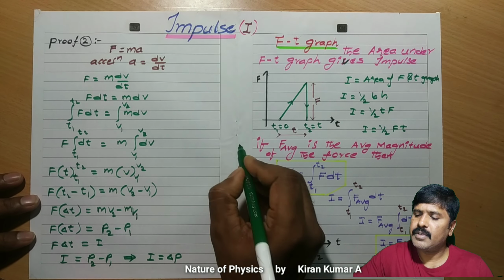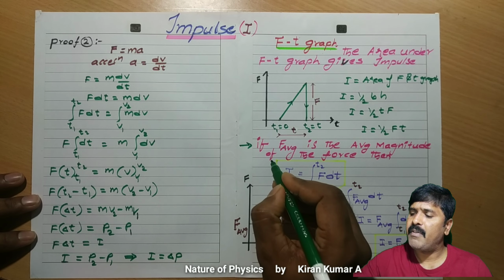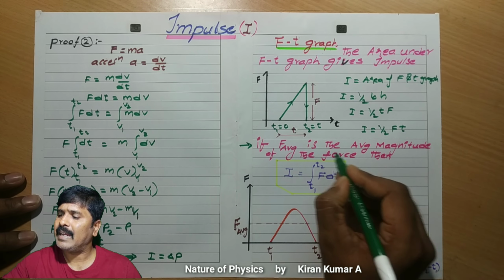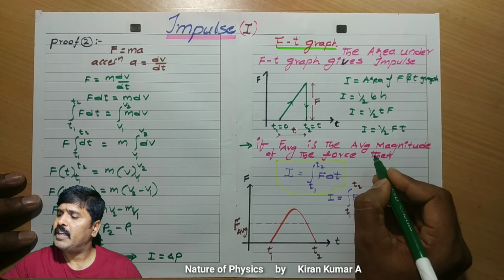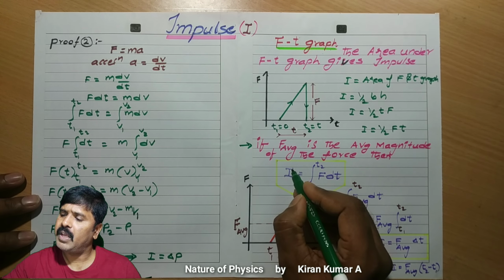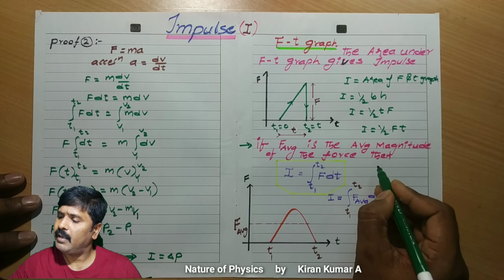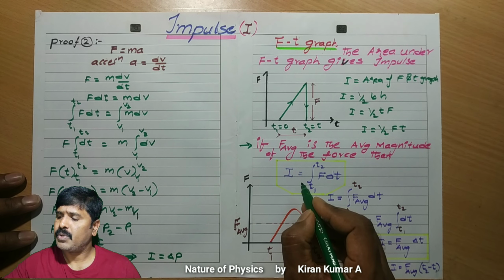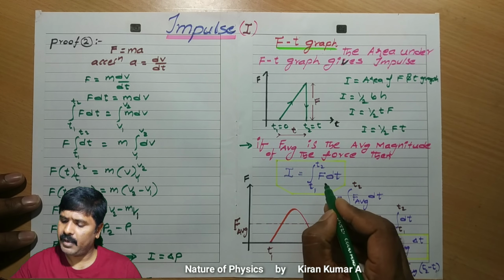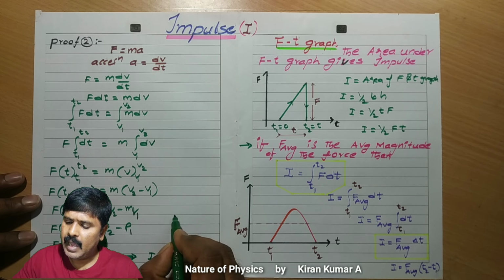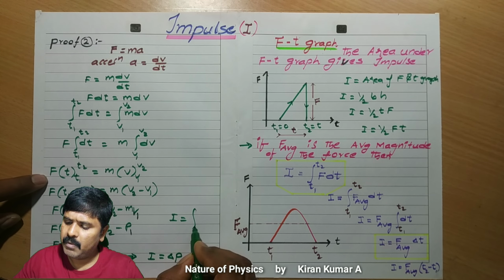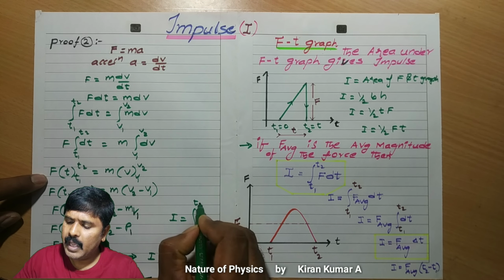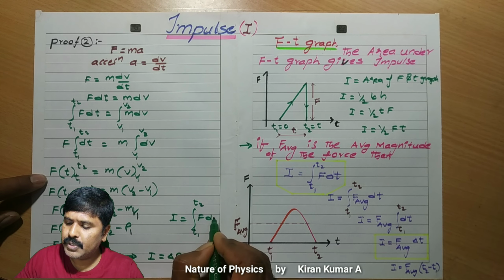And another condition is also there: if average force is acting, which we consider as the average magnitude of the force, then the equation is already written, student. So I is equal to, I already gave you the impulse formula, see this equation, integral t1 to t2 of F into dt, student.